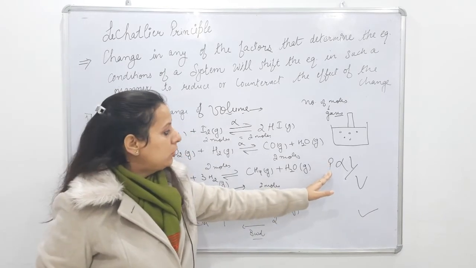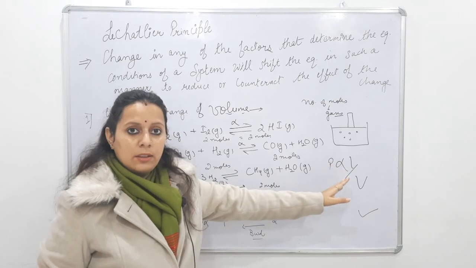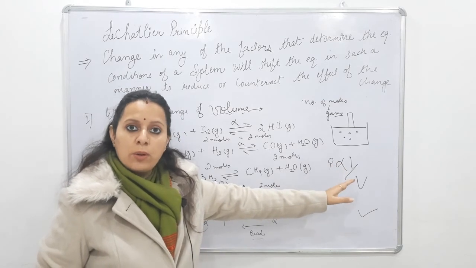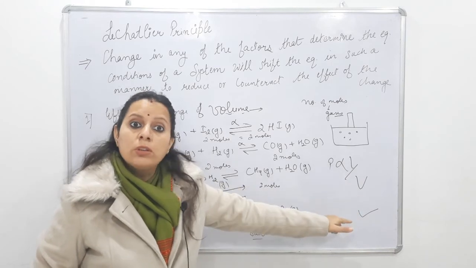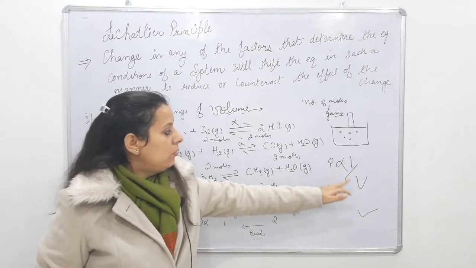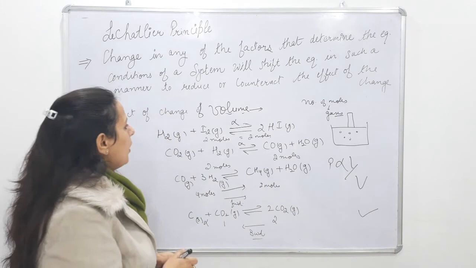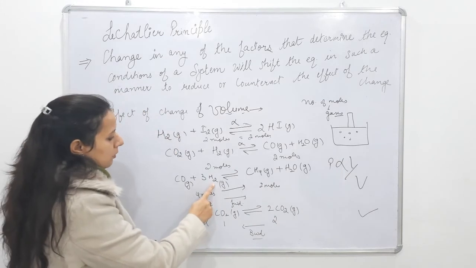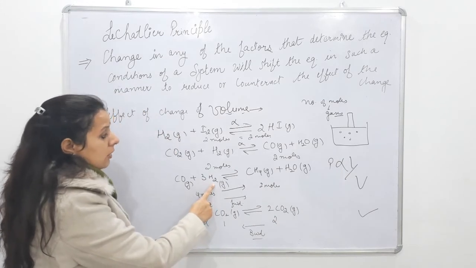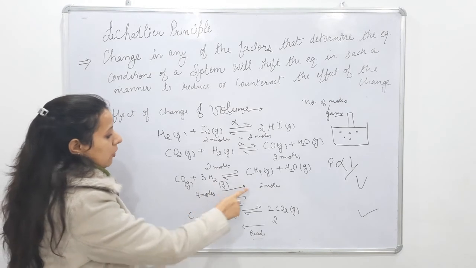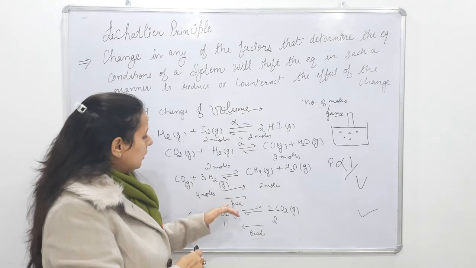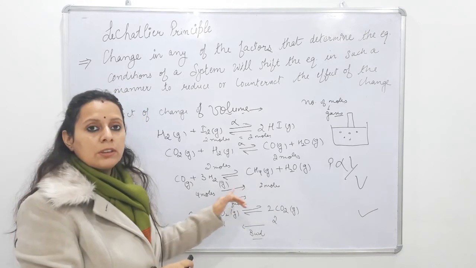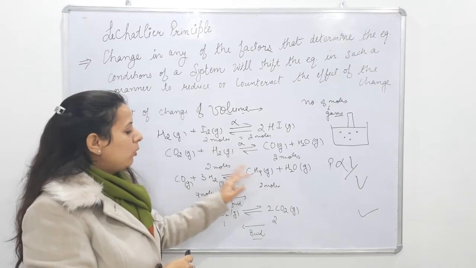In case of pressure, the shift was from higher moles to lower moles. So in case of volume, the reaction will shift from lower moles to higher moles, because it is an inverse relation. So if, for example, I am applying the volume effect here, the reaction will not shift towards the forward, it will shift towards the backward, from lower moles to higher moles.